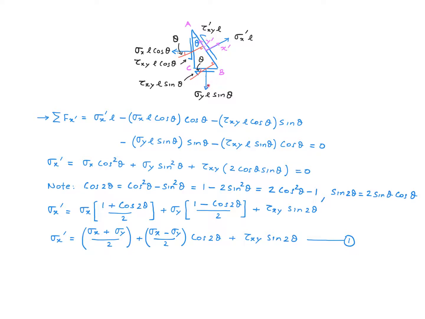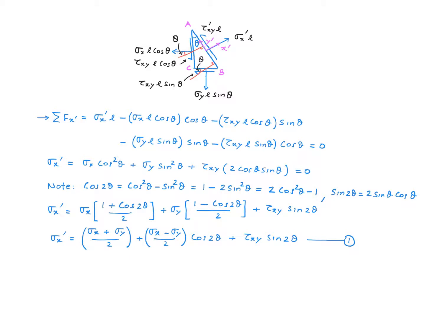And you do the same thing for these two forces. So the force due to the shear stress will be tau xy times l sine theta times cosine theta. The force due to the normal stress sigma y would be sigma y times l times sine theta times sine theta, right? So both of these are acting again in the negative x prime direction. Now you note that l appears in all of the terms, so it can be cancelled.